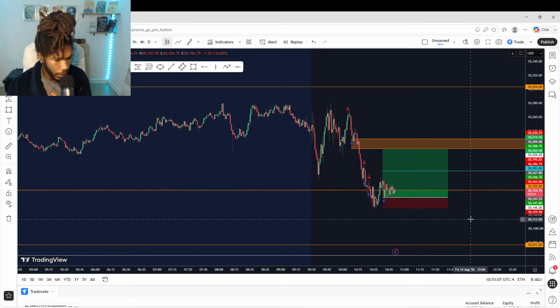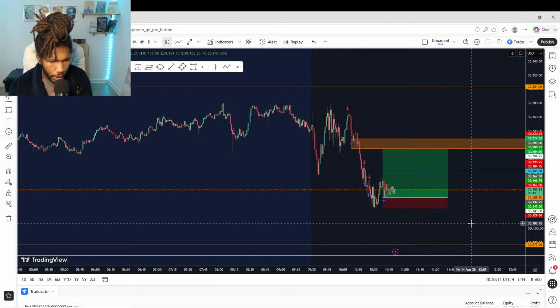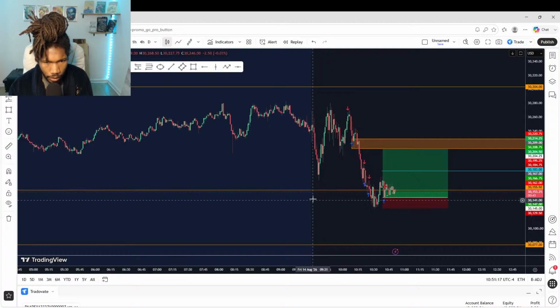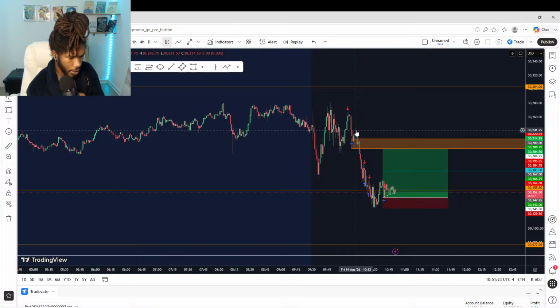Yeah, I think the market is ready to make that move to the upside and take out market opening. Where's market open? Up here. 9:30. Market open is up here at this high. We'll see.